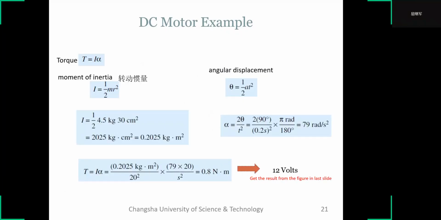This is the procedure for the calculation. First, we can calculate the torque with this equation: T is equal to I alpha.